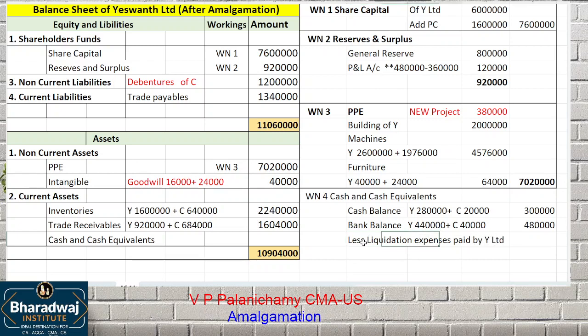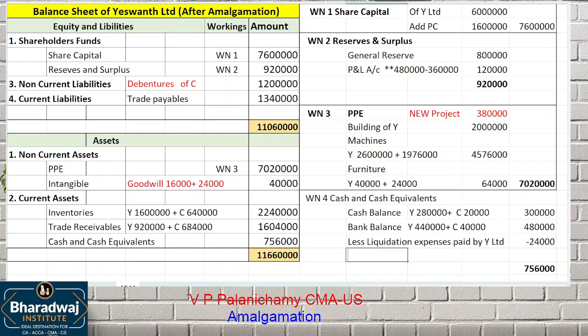How much we paid? 24,000 we paid. Less purchase consideration paid in cash. In cash, how much we paid?